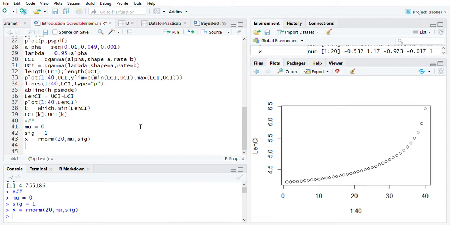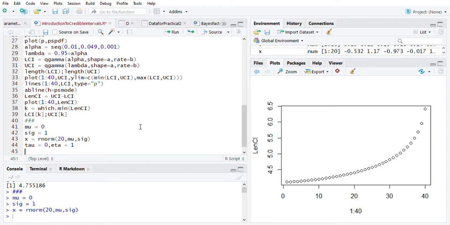Now suppose the prior distribution of mu is again standard normal. So in our case tau is 0 and eta, the standard deviation, is 1.